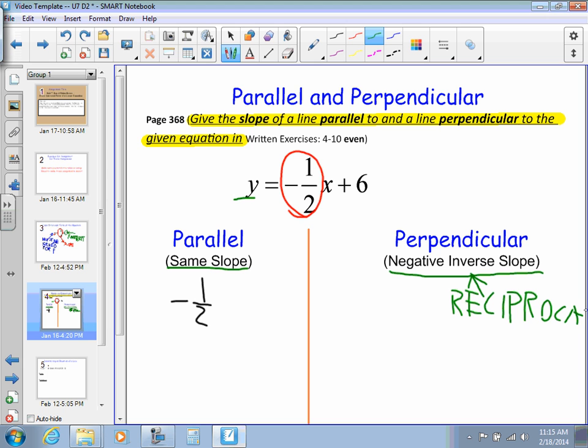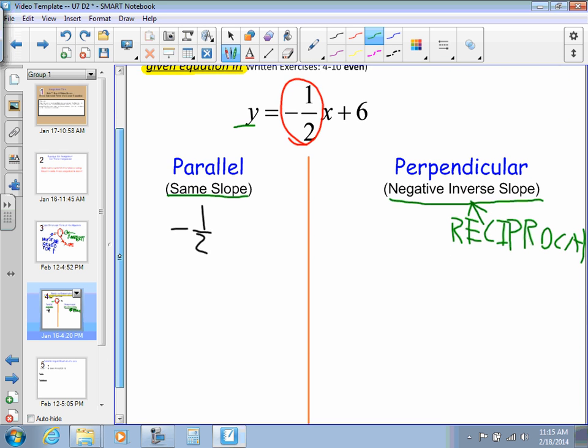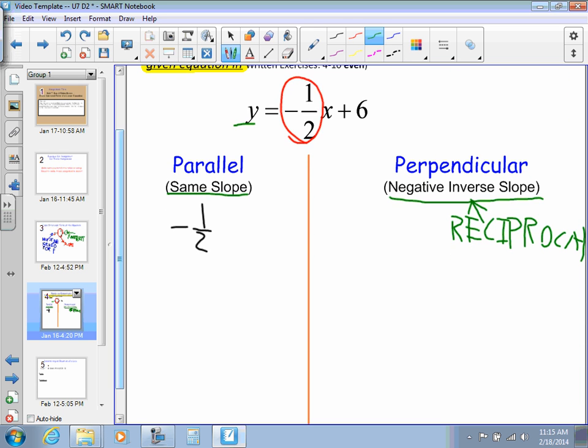Let's see if I can spell this right. There we go, reciprocal. So what are we going to do here? Well, this one's negative.